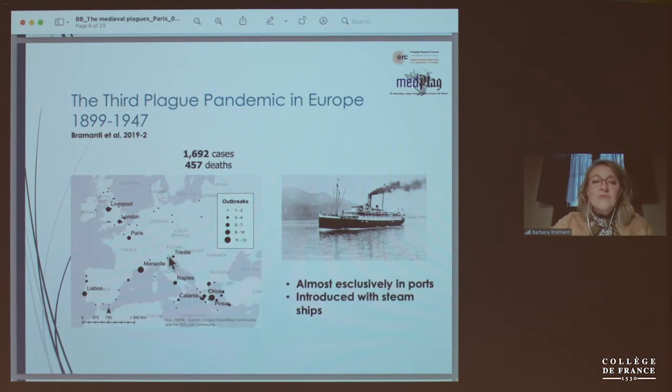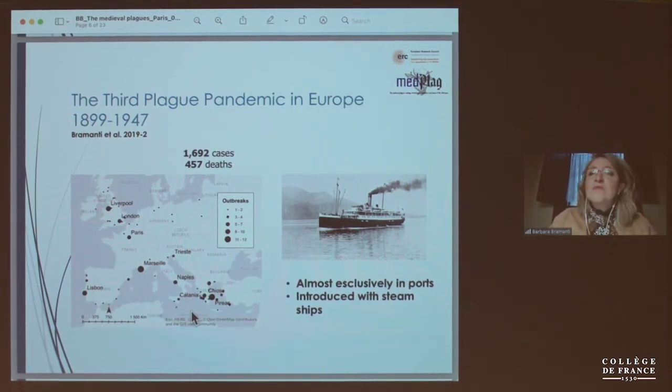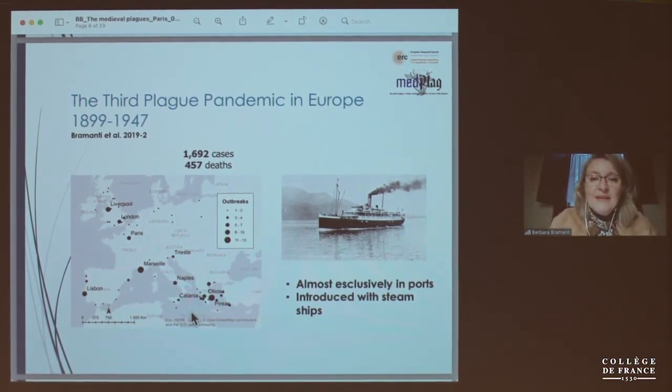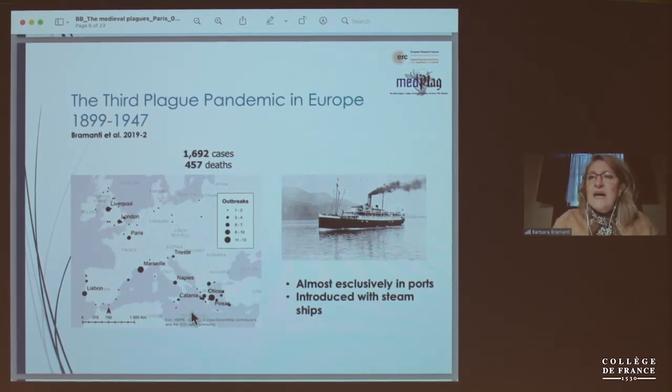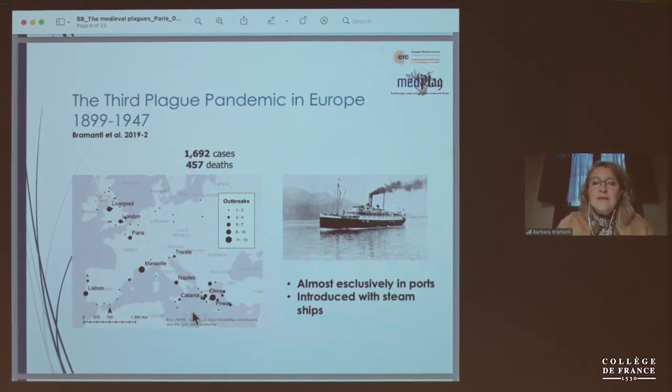Therefore, we can really say that the majority of the cases and also of the outbreaks were not so heavy like in the medieval time, but we have, for instance, in Porto, more than 100 deaths from plague in these periods. So we can say that there was also some outbreak.